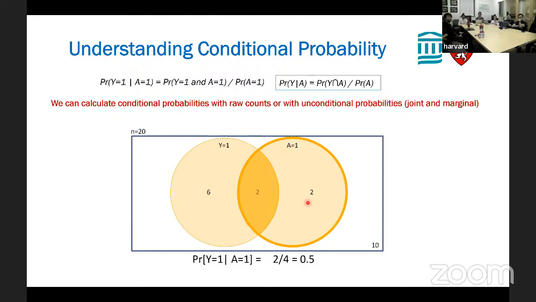And interestingly enough, when we are doing adjustment in regressions, we are using this principle. We are calculating probabilities in subgroups, especially when your confounders are binary. And then we use that to calculate an adjusted new probability using this joint and marginal. We're going to see those examples afterwards.